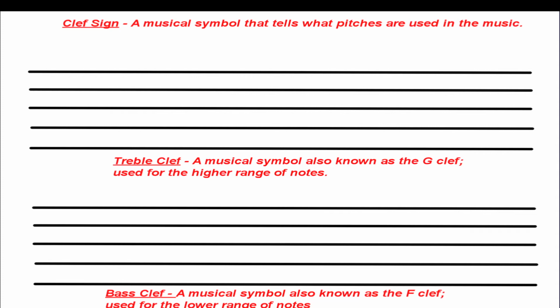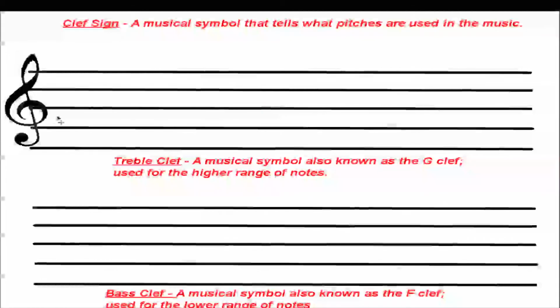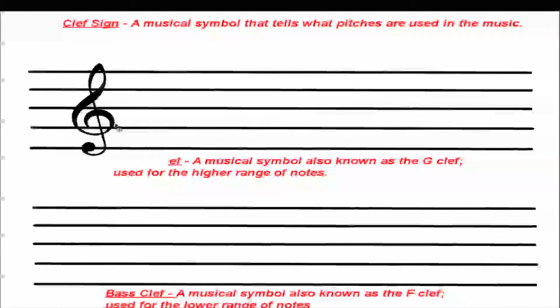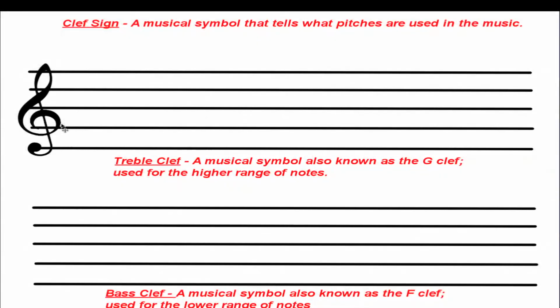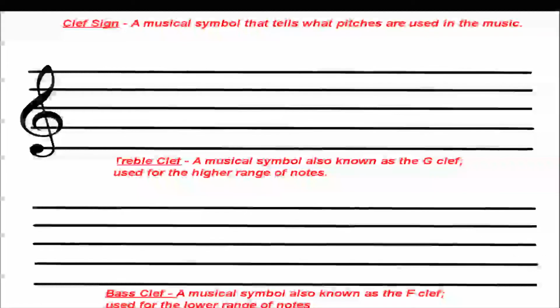As you can see there, the definition: a clef sign is a musical symbol that tells what pitches are used in the music. So you can see here, this is a treble clef. And you set that there on the staff, and that assigns some specific notes to this staff here.